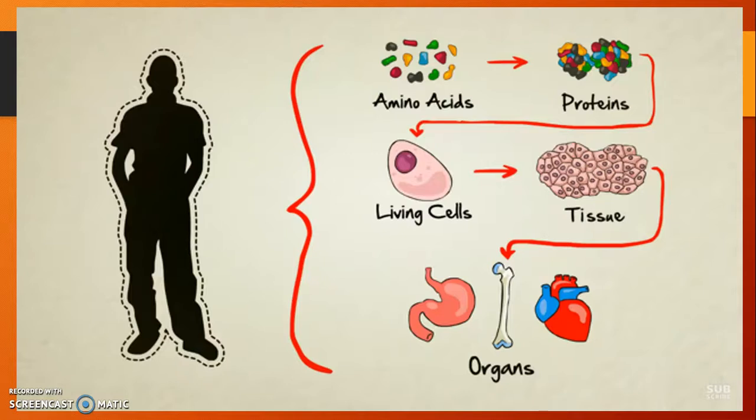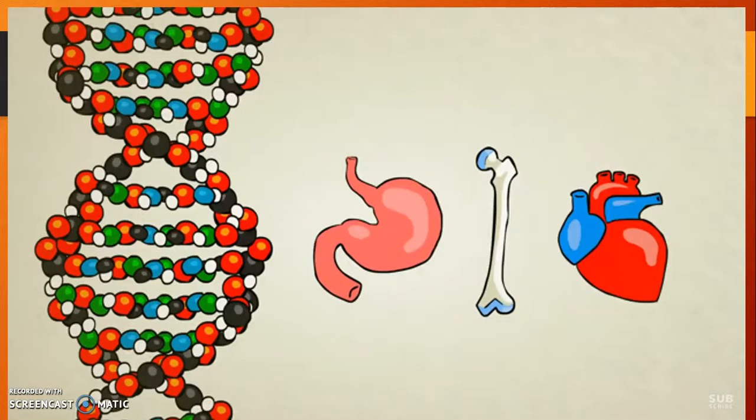So whatever is taking place at this level, the answer lies in the assembly of proteins. If the right proteins are made at the right time, everything else from cells to organs will function right. So DNA has to code for the right proteins so that the functions in our body are right.